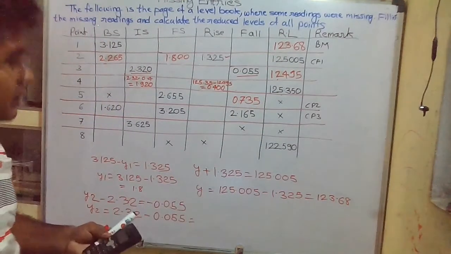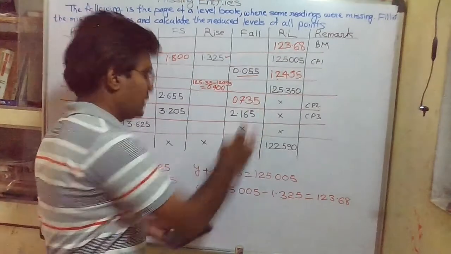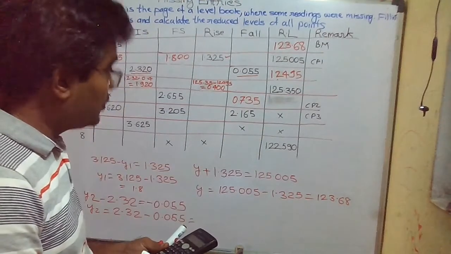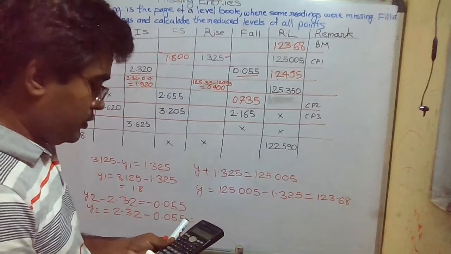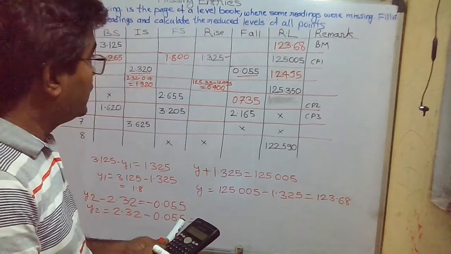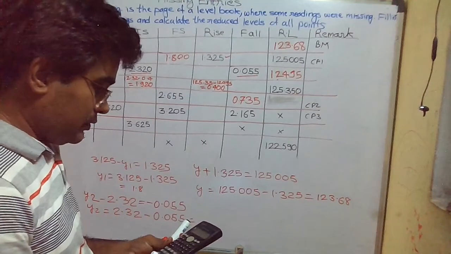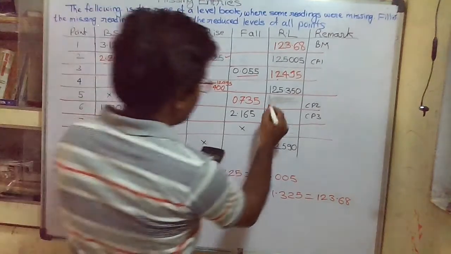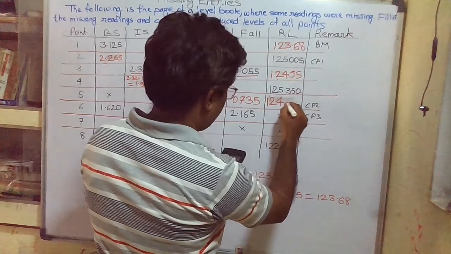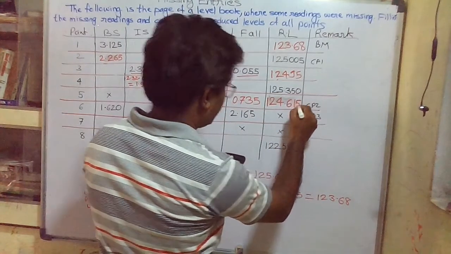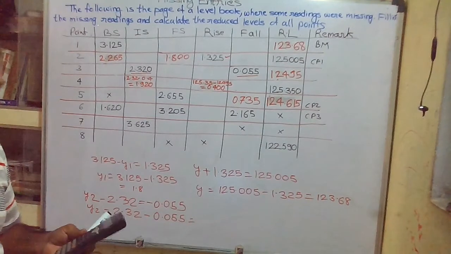And we can find the RL as usual: 125.350 minus 0.735. It is coming as 124.615.